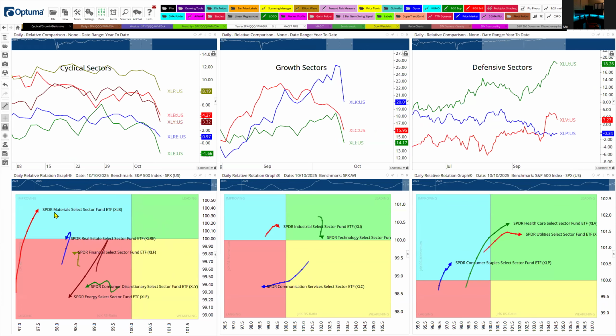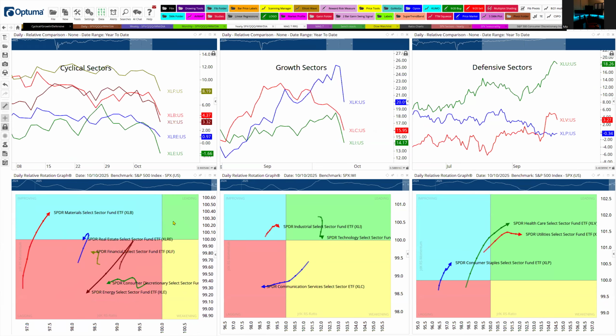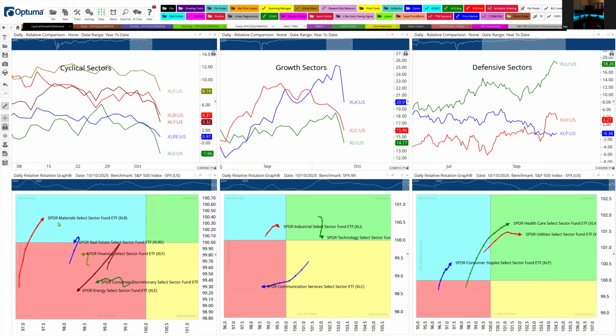See, the only thing that is rotating out is material stocks, the material sector. Okay. See, communication is weak. You see how it is going here? So what do you think the top three leaders in communication are? Meta, Netflix, and Google.